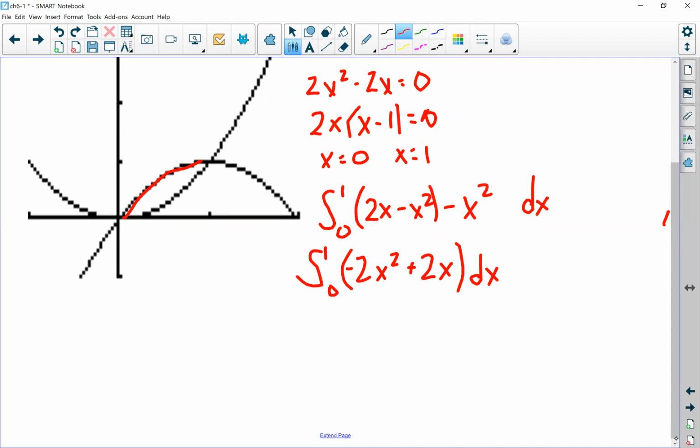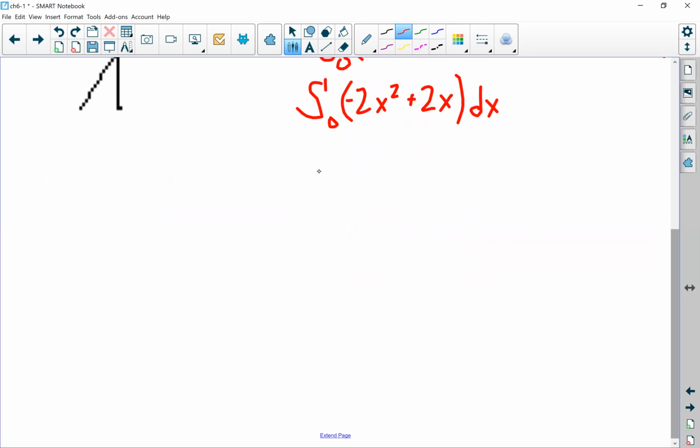Couple of power rule integrals here. So that x squared becomes x cubed, but we divide by 3 then. The x becomes x squared, and then we divide by 2. Well, 2 divided by 2 is 1, so we're good there.